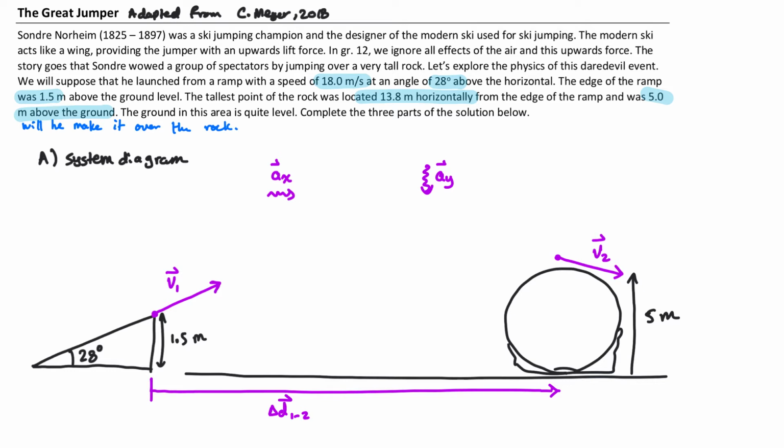And the other piece of information that I can find out is the distance between the beginning and the top, the vertical distance here, distance 1 to 2 in the y direction, and this is in the x direction. So I'll label those so that I have an idea. Usually when we do these questions, we want to label velocities at the first stage and the last stage.